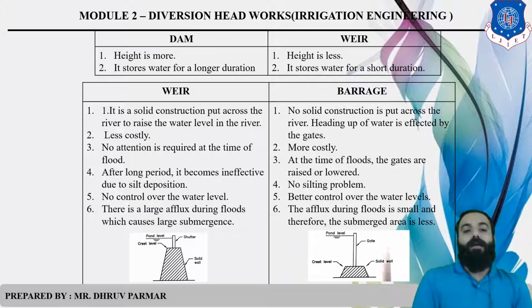A weir has a large afflux, meaning large height during floods, which causes large submersion. In a barrage the afflux is small and the submerged area is less.